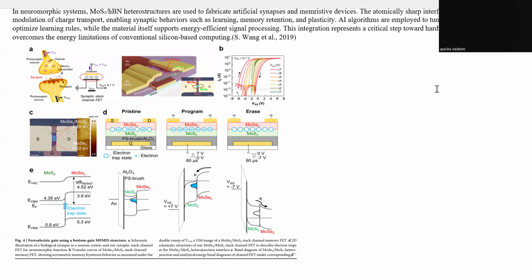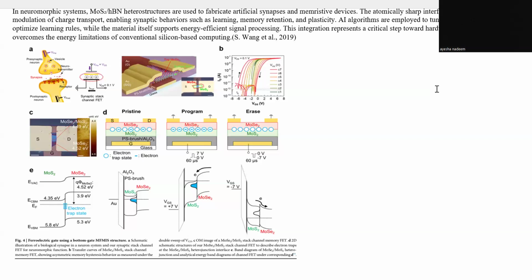And figure B shows the transfer curves of the molybdenum diselenide or molybdenum disulfide stack channel memory FET, showing asymmetric memory hysteresis behavior as measured under the double sweep of VGS, and the OM image of the molybdenum diselenide or molybdenum disulfide stack channel memory FET.